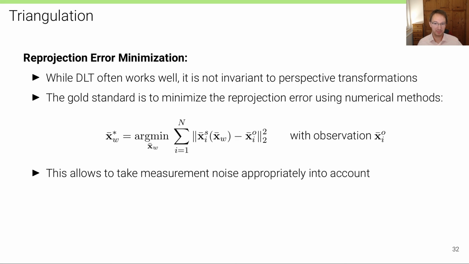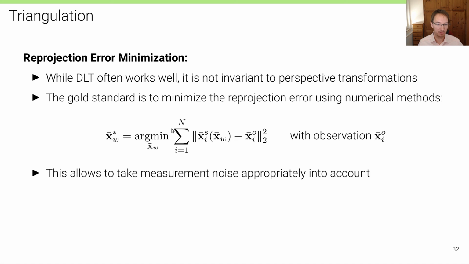that can be solved using numerical gradient-based techniques such as Levenberg-Marquardt. So here we have this notation: x_s is the projection of the 3D point x_w, here with the bar denoting an augmented vector, and x_o is the observation. We're trying to minimize the projection minus the observation discrepancy.